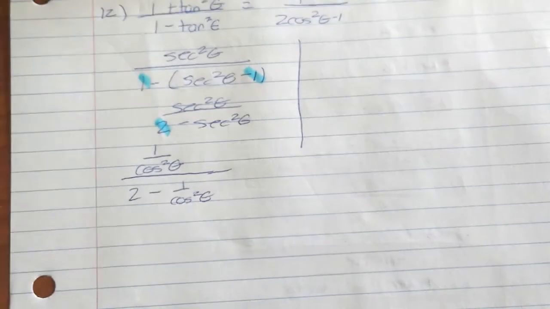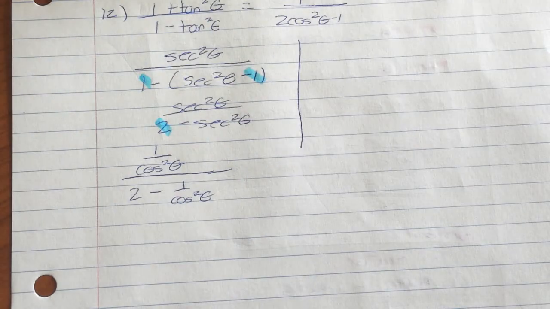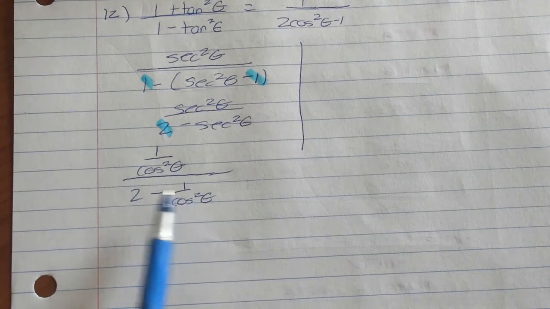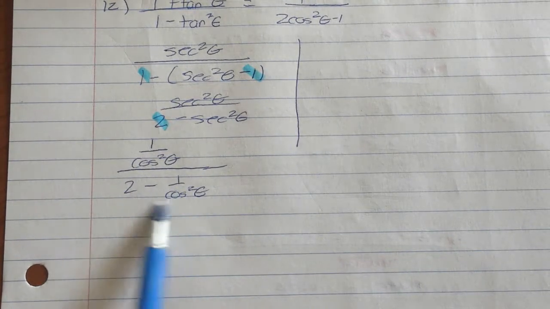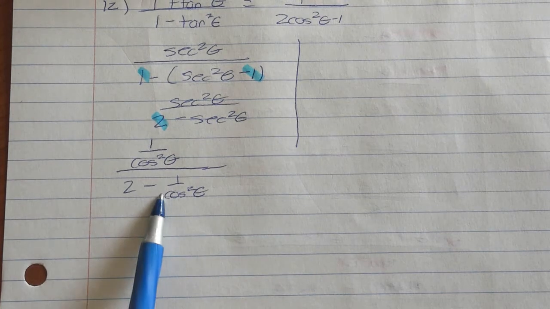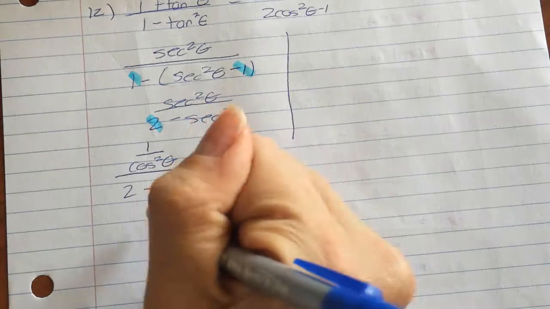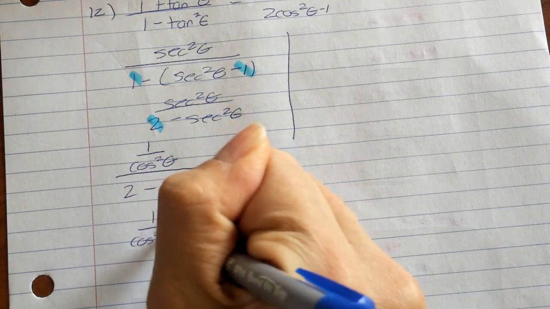Now I have some fractions, so now my thought is let's find a common denominator down here on the denominator of this fraction. Let's combine these two, so I just have one term down here. So my top is staying the same.